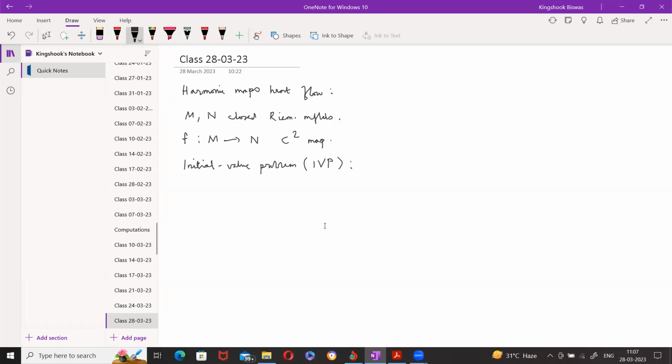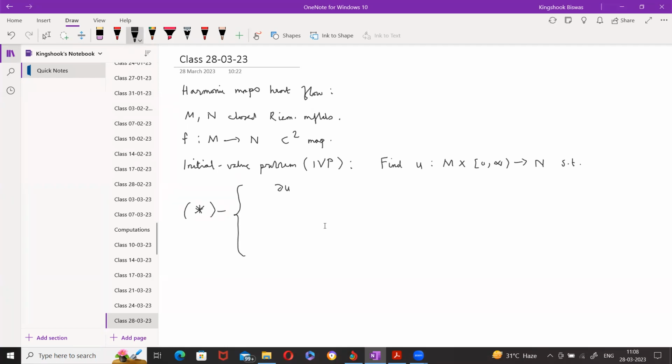So the harmonic maps heat flow is, you want to find U from M cross 0 infinity to N such that it satisfies the following two conditions. So it's a solution of the harmonic maps heat flow.